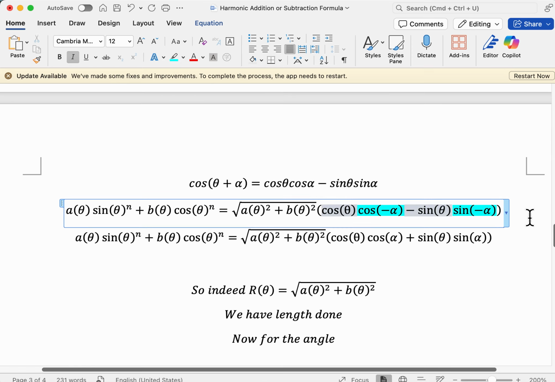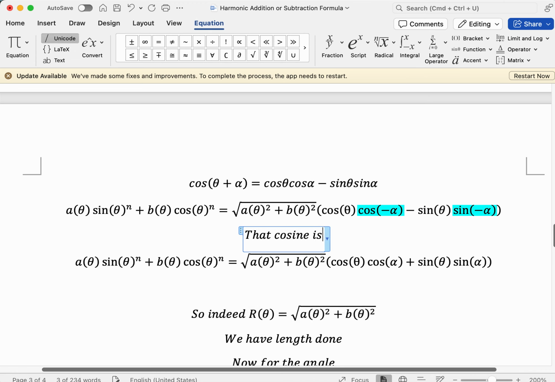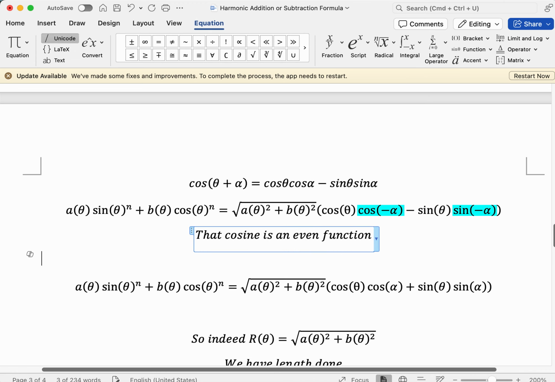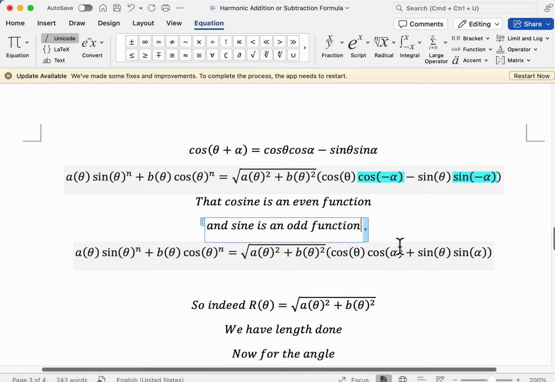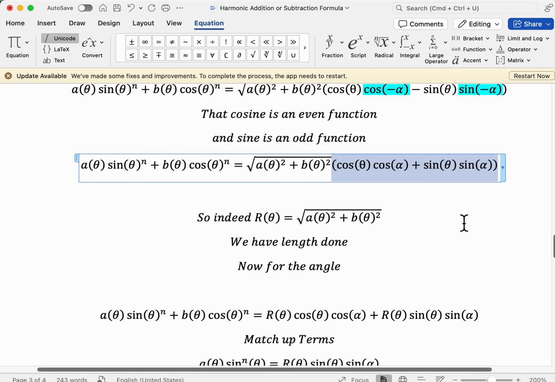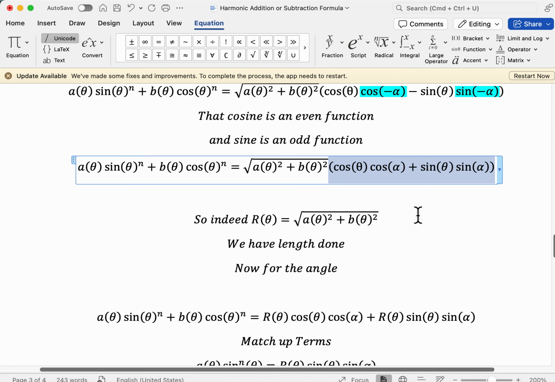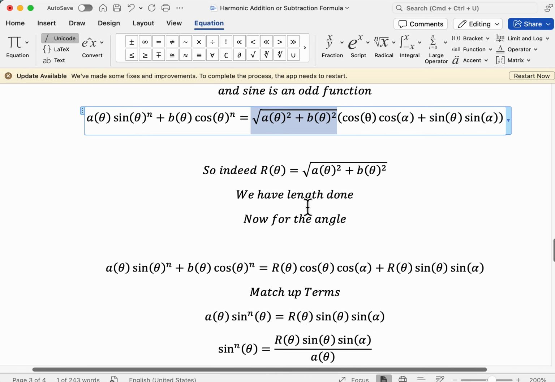Now, in the next line, we consider the fact that cosine is an even function and sine is an odd function. So because of that, we get that cosine of negative alpha equals cosine of alpha, and sine of negative alpha equals negative sine of alpha. We have these things here. And now, just to simplify so we don't have to write a bunch of stuff, we're going to substitute this back as r of theta here.